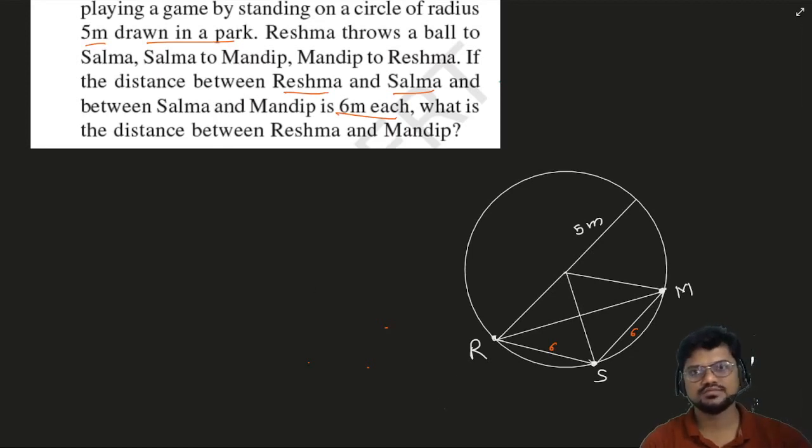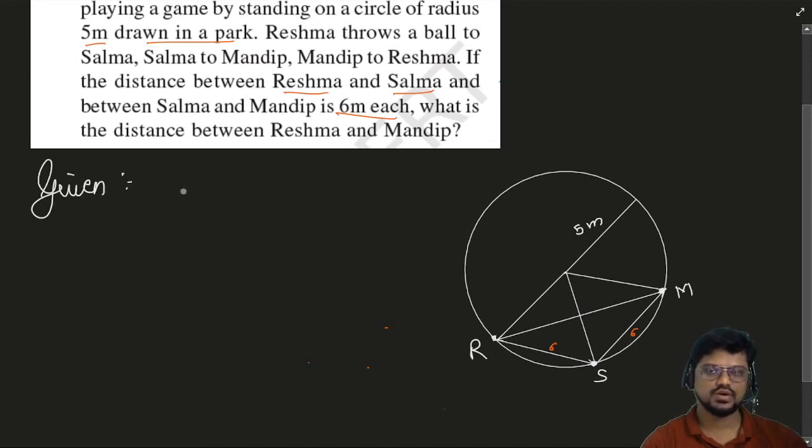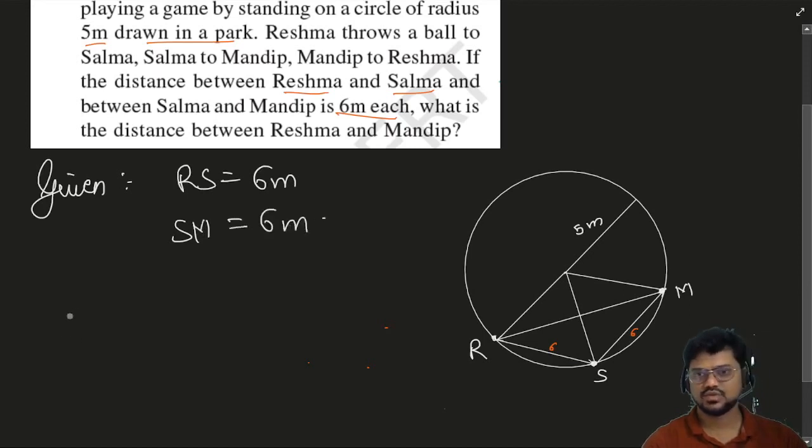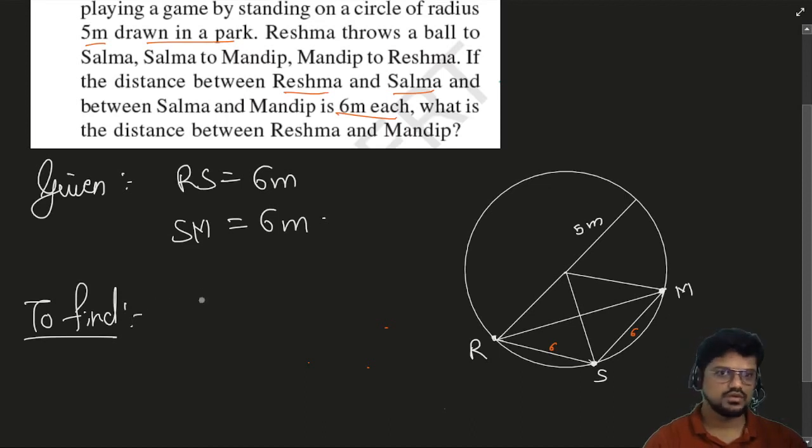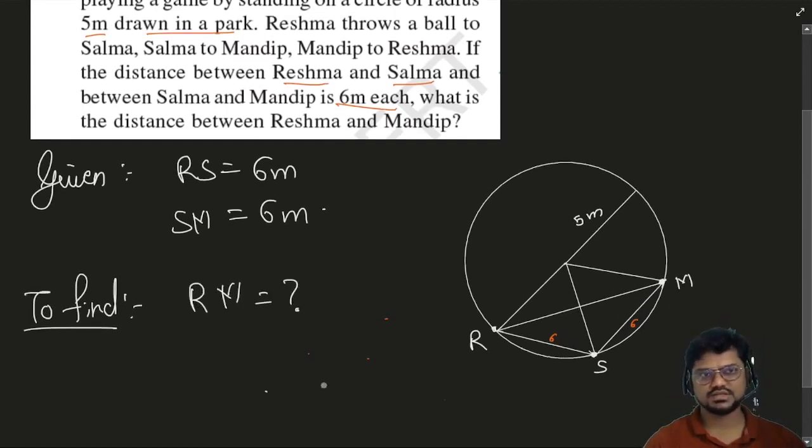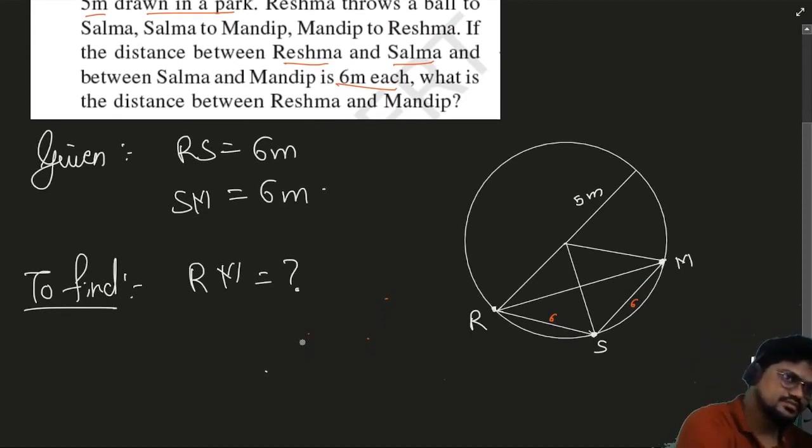Okay, what is given? RS equals 6 meter and SM equals 6 meter. To find is RM. That is the distance between them. Clear? Did you understand the question?